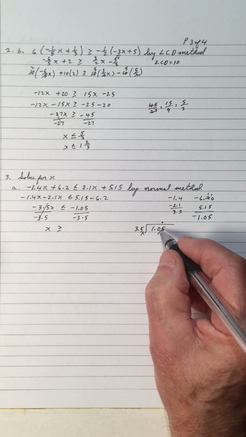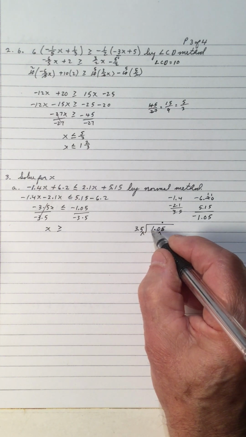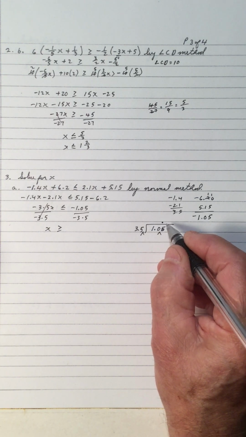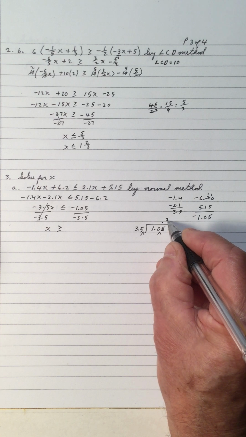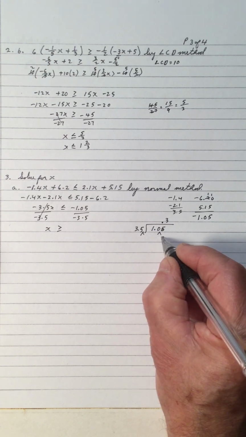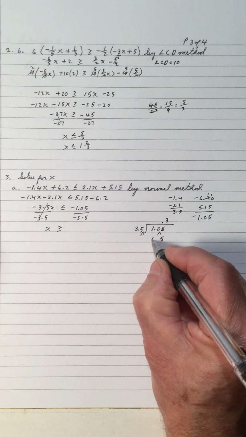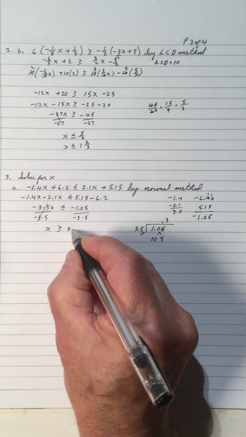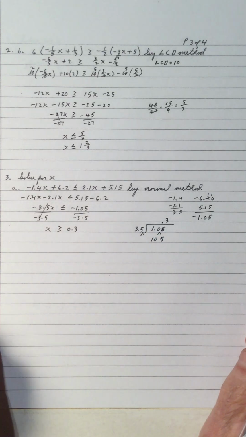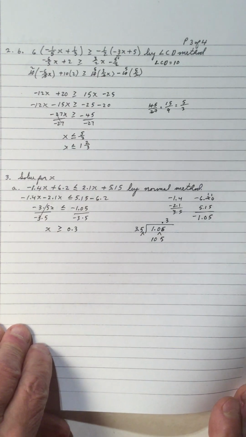So this is 35, 3 into 1 can't go, 3 into 10, about 3 times. So let's try 3. 3 5s are 15, but then the 5 carries 1. 9 plus 1 is 10. So it's 0.3. X is greater than or equal to 0.3.